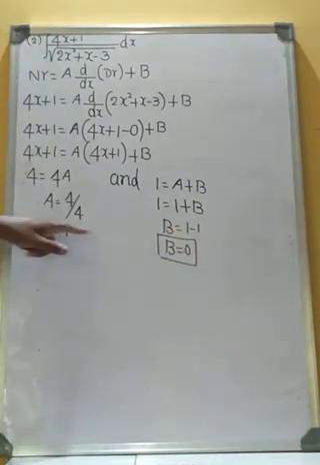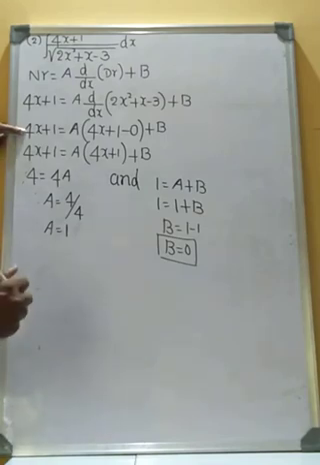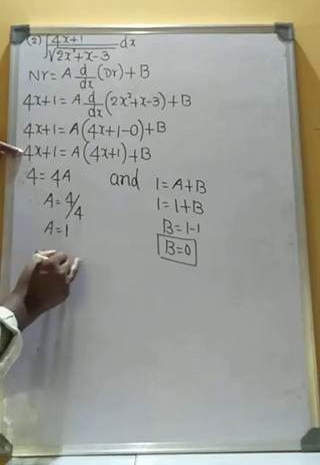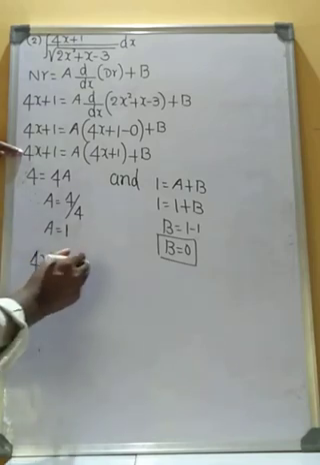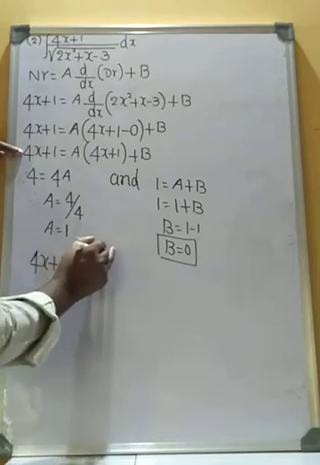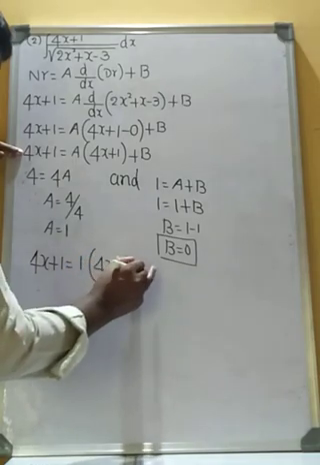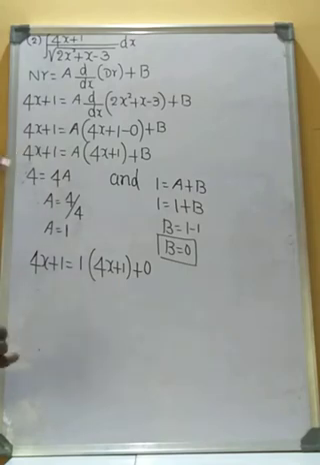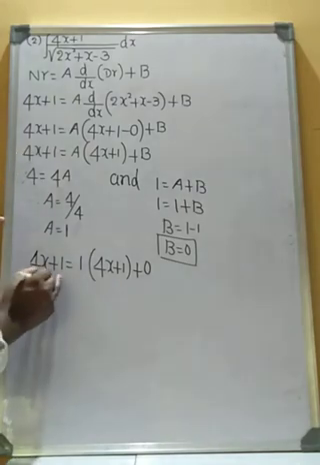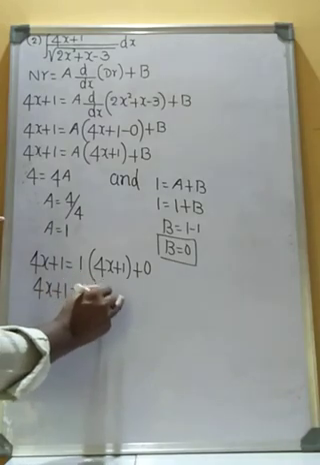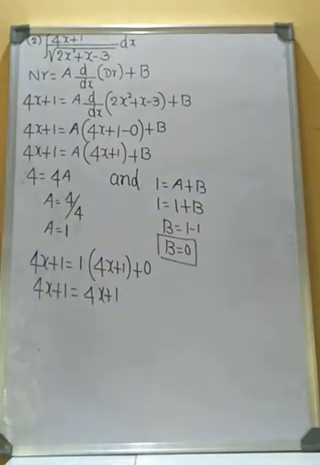Substitute a is 1 and b is 0 in the above equation. Therefore 4x plus 1 equals 1 into (4x plus 1) plus 0. Therefore 4x plus 1 equals 4x plus 1.